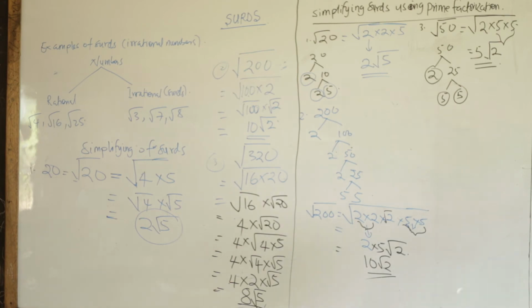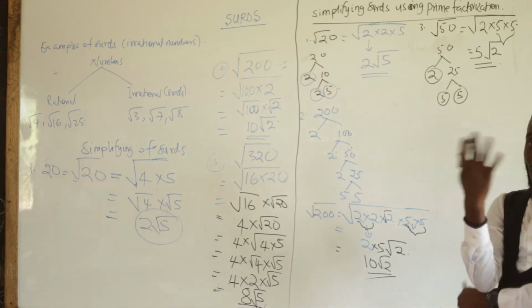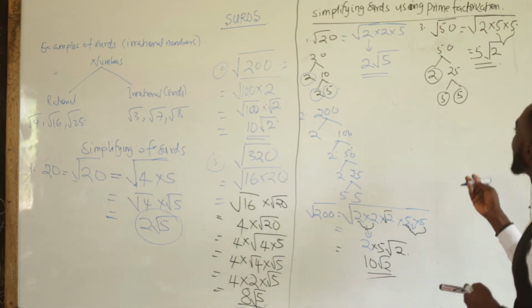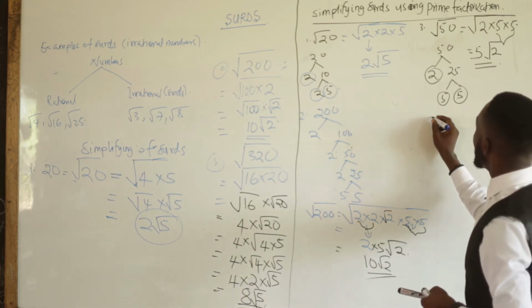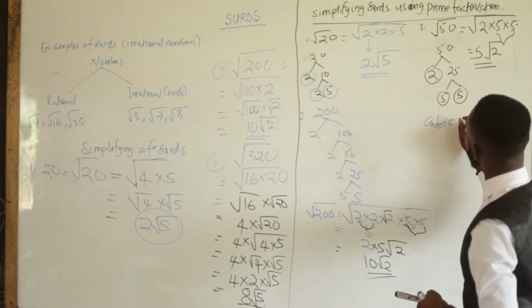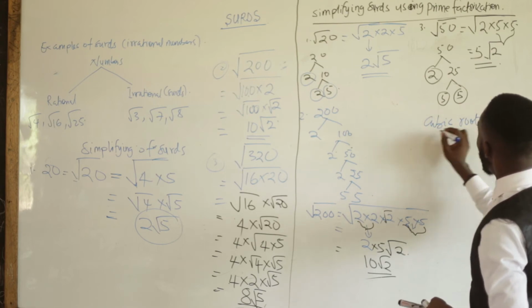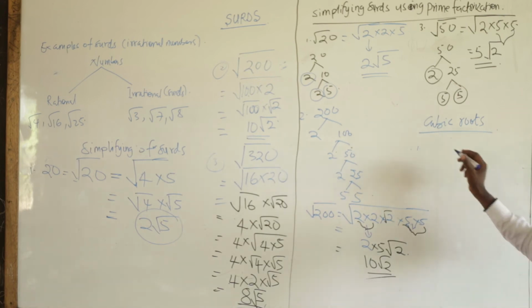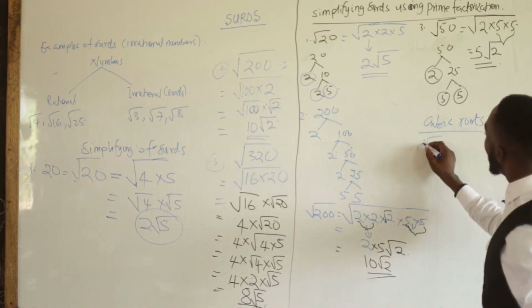Now, can we try and use this knowledge to also find the cubic root of numbers? Let's try this. So cubic roots. We have, let's say, the cubic root of 8.